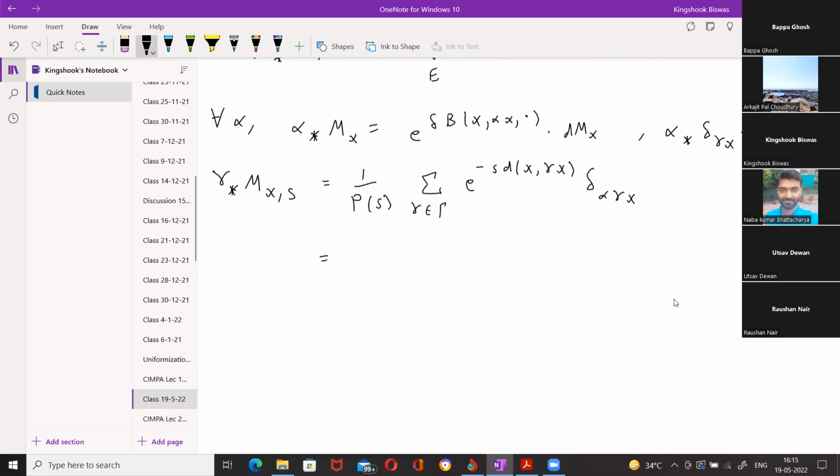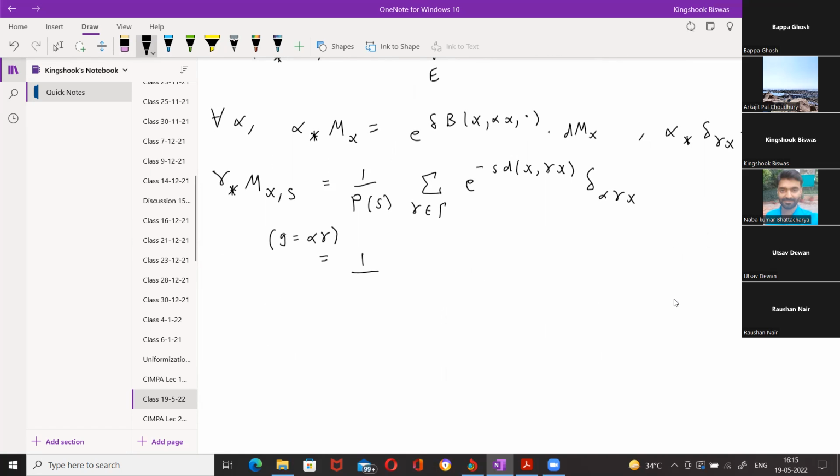Is this okay? And now I make a change of variables. I put now g equal to alpha gamma. I make a change of variables in this sum.